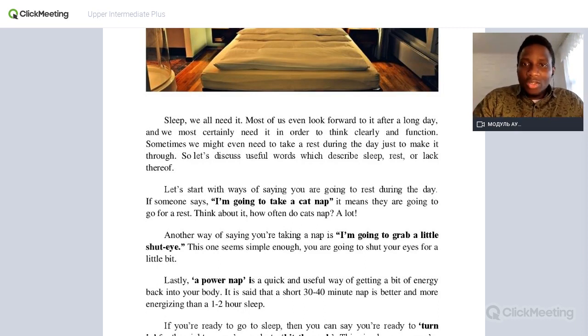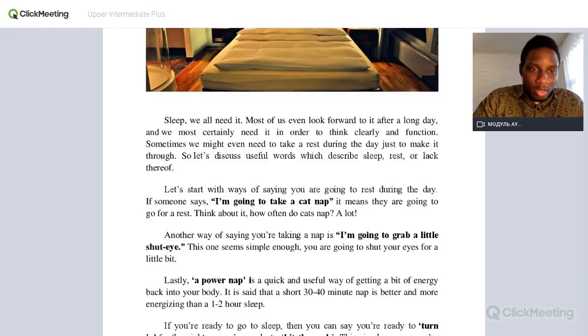And you notice after sleeping for, let's say, 10 to 15 minutes, you start to feel really good about yourself. But basically, a short 30 to 40 minute nap is better and more energizing than even a 1 or 2 hour sleep.